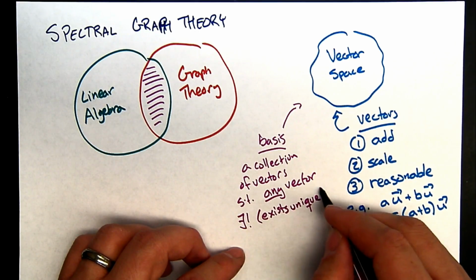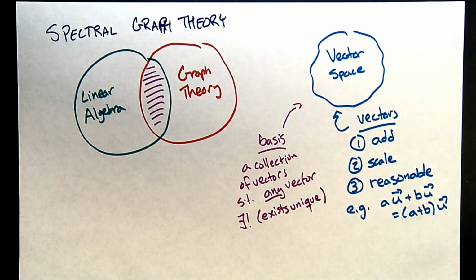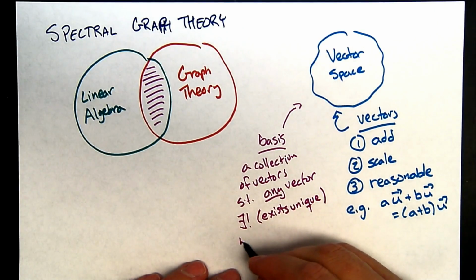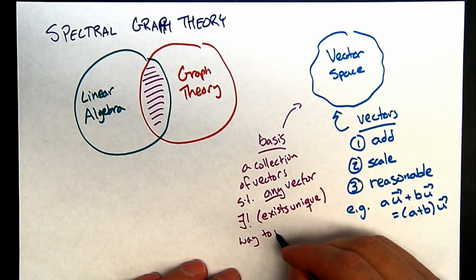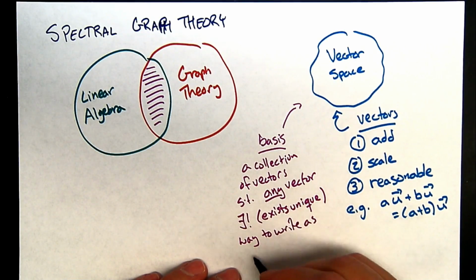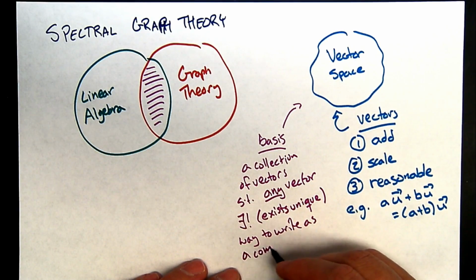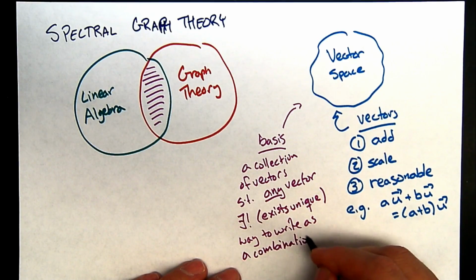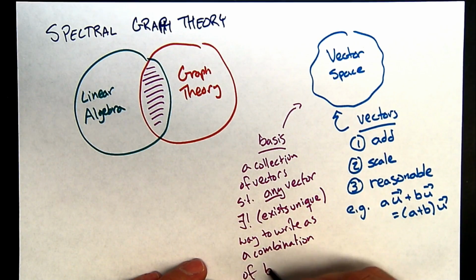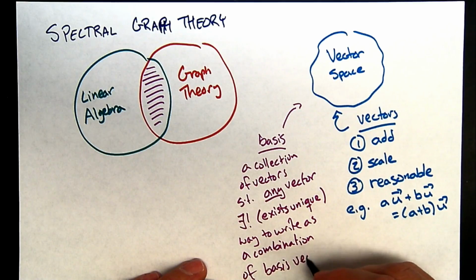So if you ever see that, it stands for there exists unique. That means there is one, and only one, way to write it as a combination of basis vectors.